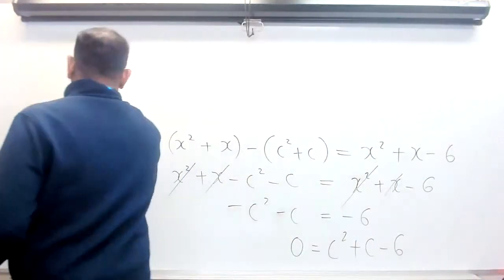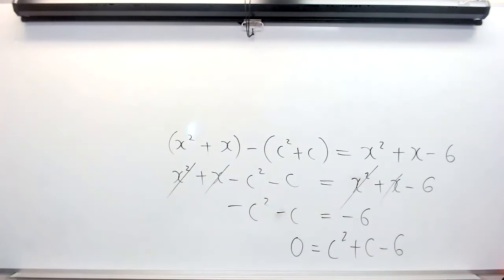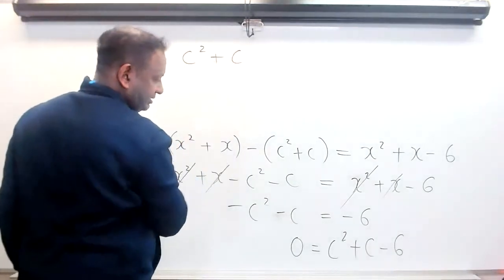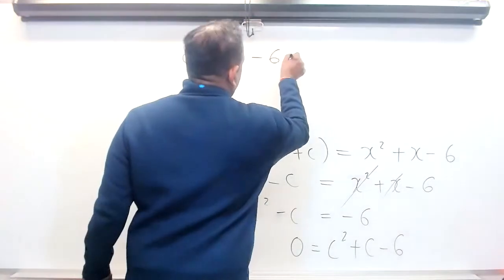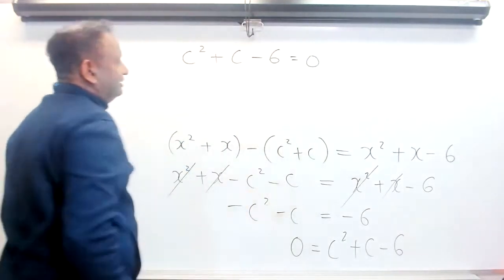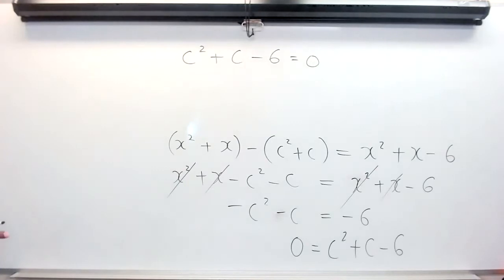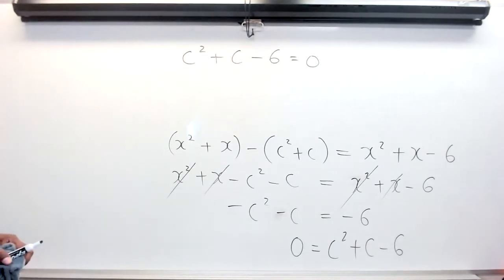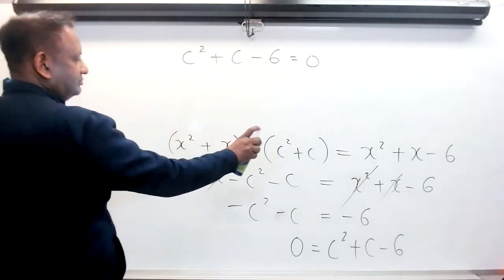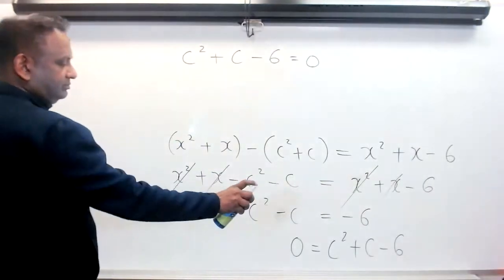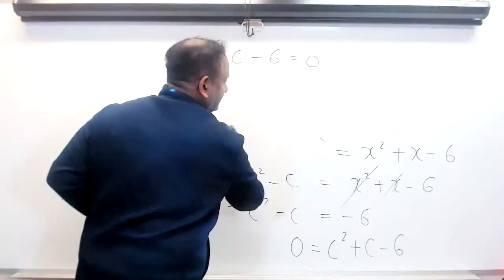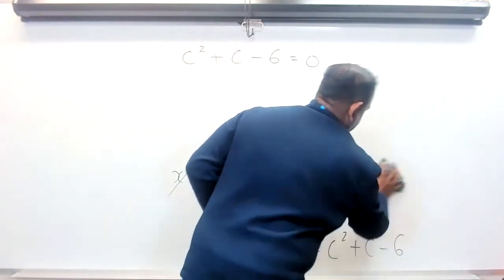So I would say c squared plus c minus 6 equals 0, for my convenience. You can get rid of all these to make it clear.